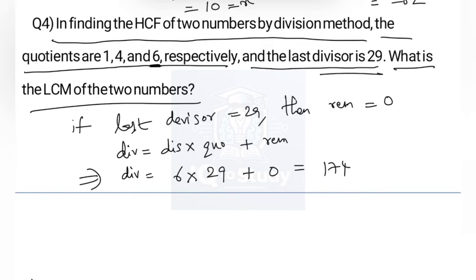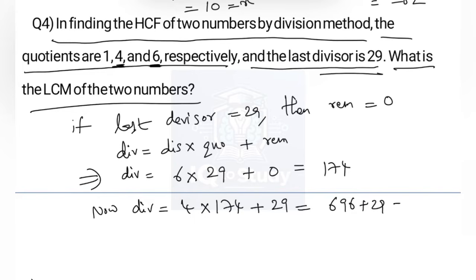And the divisor before 174 was 29. And the quotient is 4 now. Dividend is equal to 4 into 174 plus 29, which is equal to 696 plus 29, that is 725.